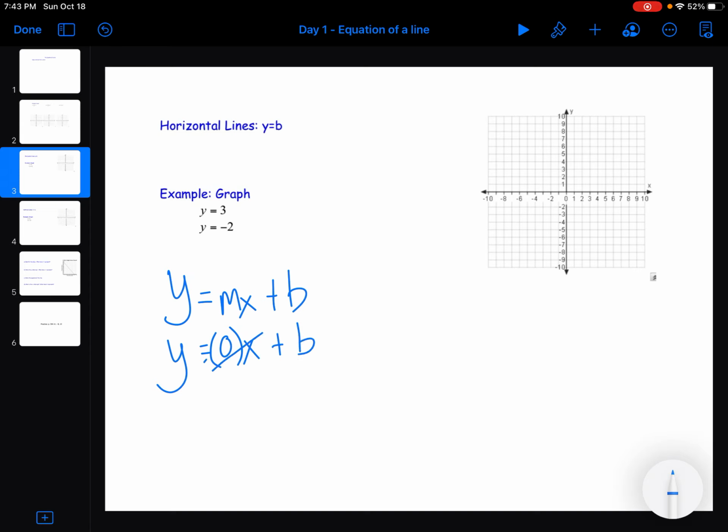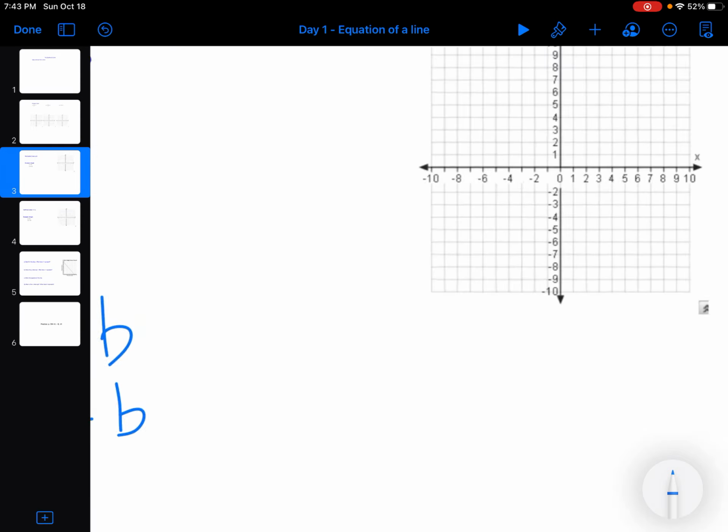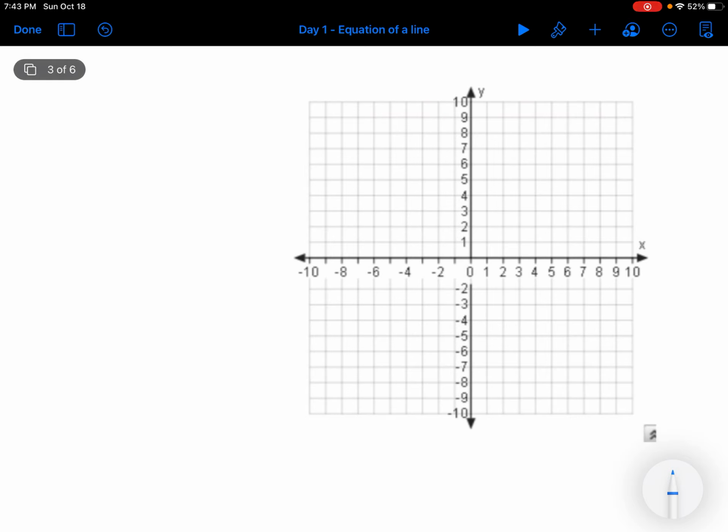So that part of the equation actually goes away. So we just have y equals b, which is the y-intercept. So we can put our y-intercept on there, and we can then just connect all of those dots. It's not going to change anything if we connect the dots, or if we just draw a line on top of the y-intercept.